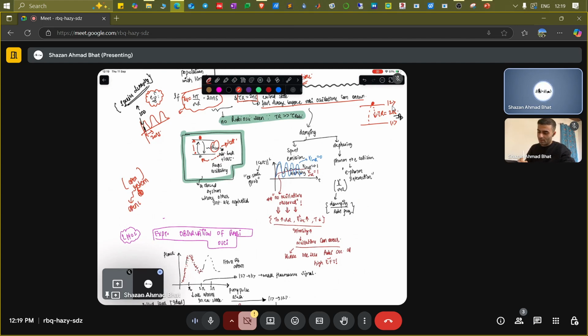There's something called open quantum systems, wherein you need to consider the system plus environment interaction. You need to consider the impact of the environment on the system.